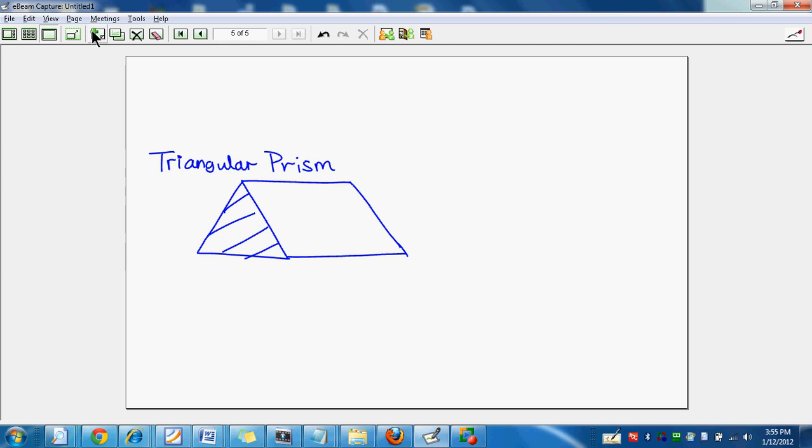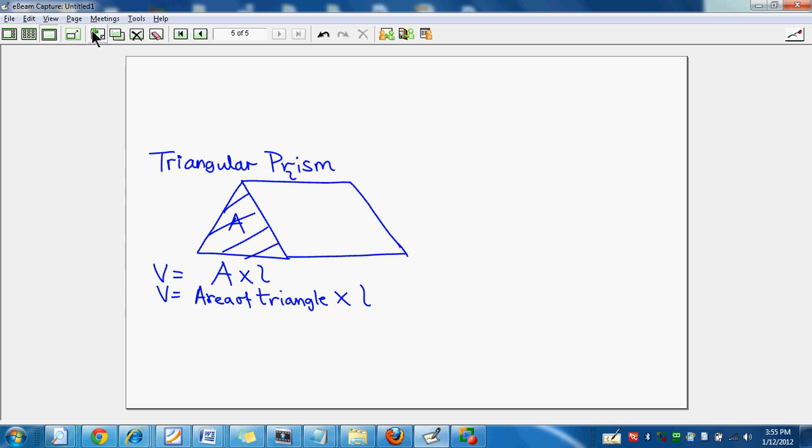So in order to find the volume, what we'd have to say is the volume would be the cross-sectional area multiplied by the length. The length being that length there at the top. So the volume in this case would be the area A of the triangle multiplied by L. And the area of that triangle could be found in various ways depending on the information given.